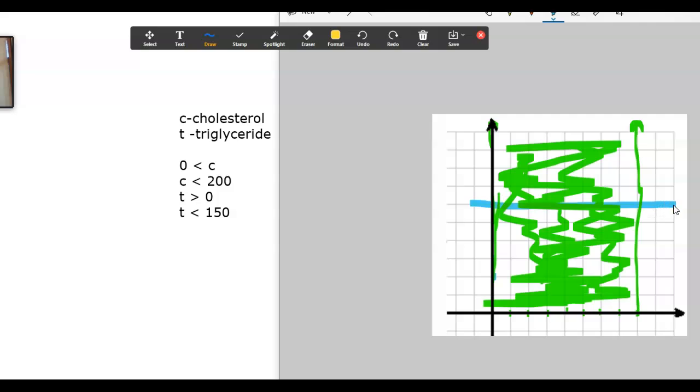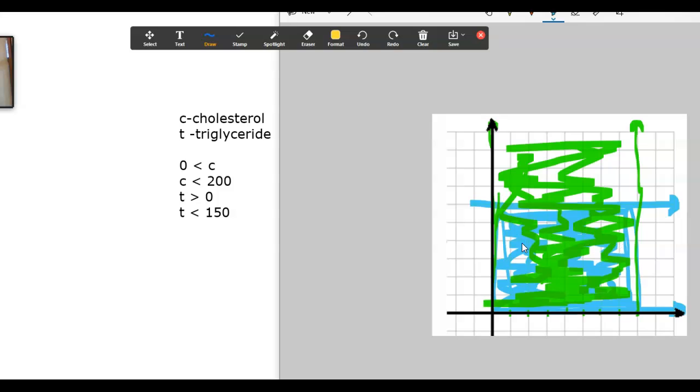So it would be capped out here. It also can't be less than 0. And then it would shade in here. So basically a healthy person would have values of triglyceride or cholesterol within this box.